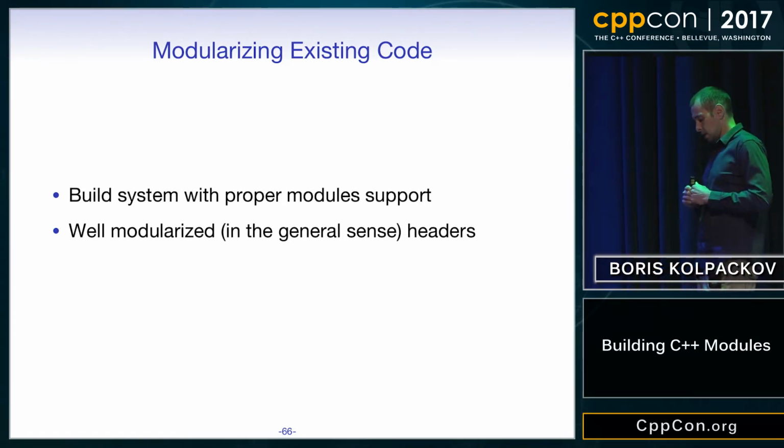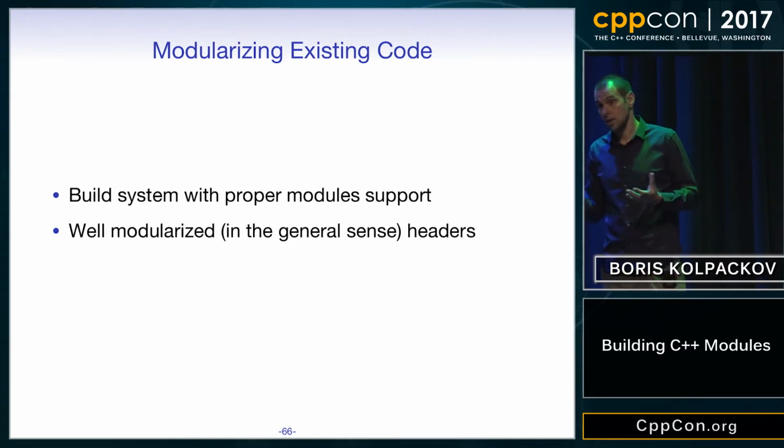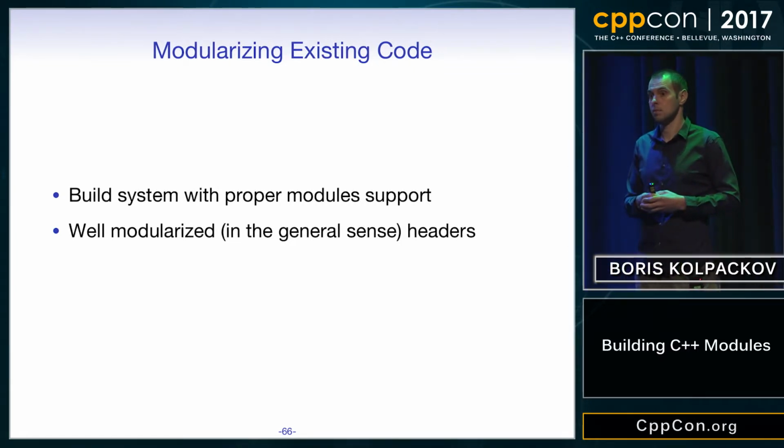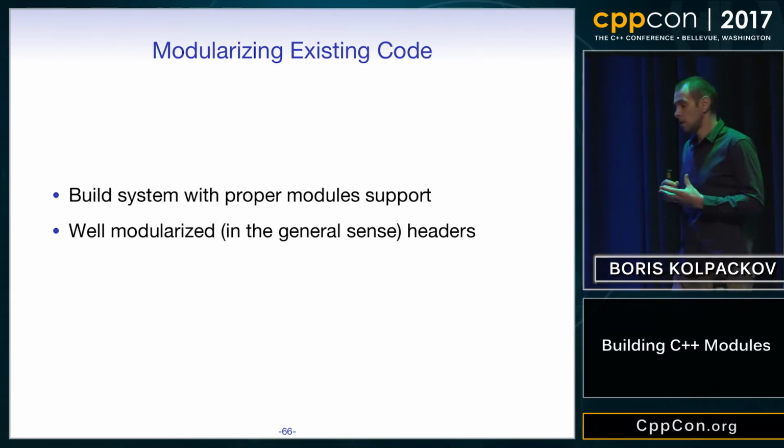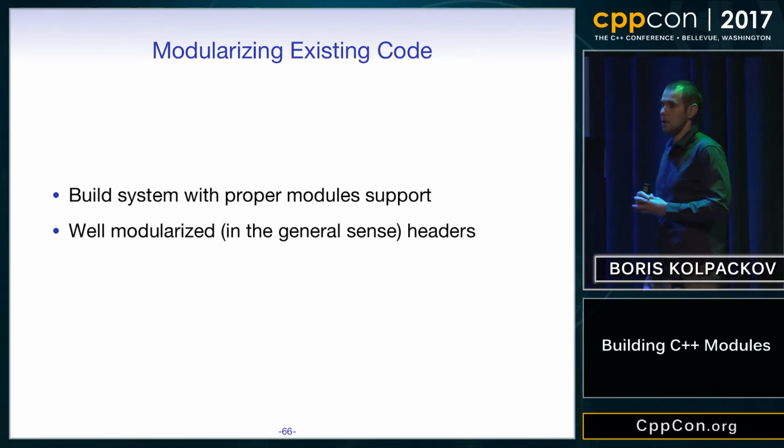Another point is it helps a lot if you have a well-modularized, in a general sense, set of headers. Specifically, having cyclic header inclusions will really hurt because module interfaces cannot have dependency cycles.